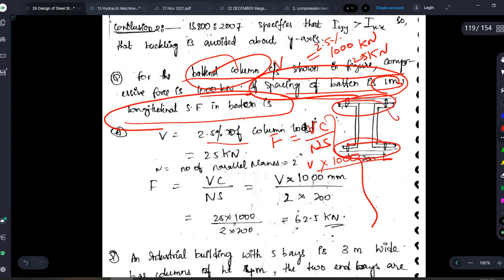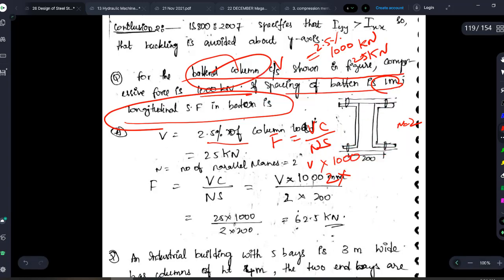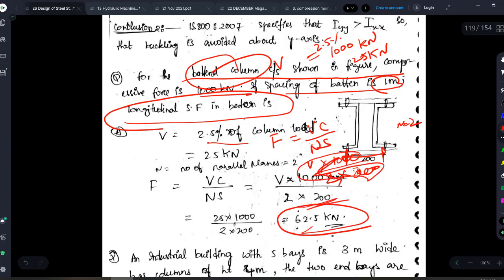There are two batten systems, so I am writing 2 into S. S is nothing but the distance between innermost connectors. So here in this diagram it is given as 200. So 25 into 1000 divided by 2 into 200, you will get your answer as 62.5. If you write it, you will get your marks.